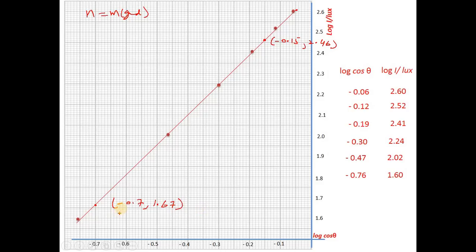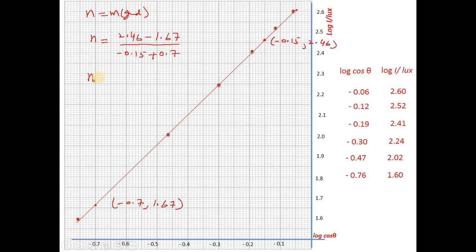So 1.67. Now we have the points, so we can figure out the gradient. The gradient would be equal to y2 minus y1, so 2.46 minus 1.67, divided by x2 minus x1, so minus 0.15 minus, and then minus plus, because of the minus of the formula and the minus of 0.7, so 0.7.